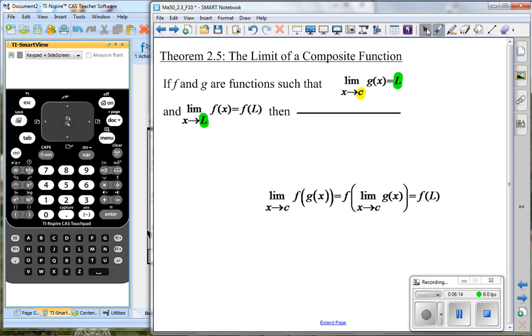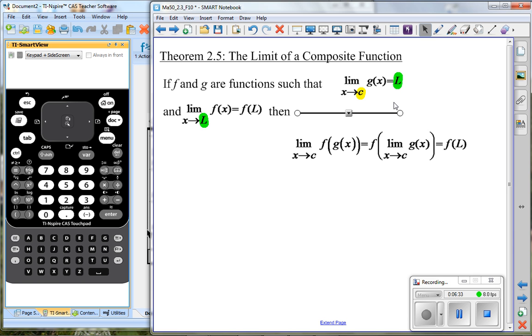So if we have this situation occurring where the function g of x has a limit as x goes to a destination of c, and that value is L, and we have another situation where the limit as x approaches the output of g of x, then here's our conclusion, and we will take that away also.